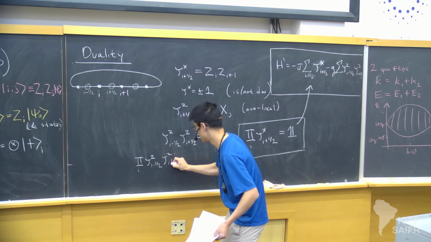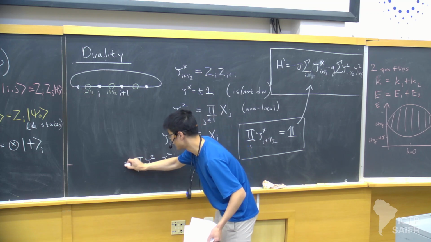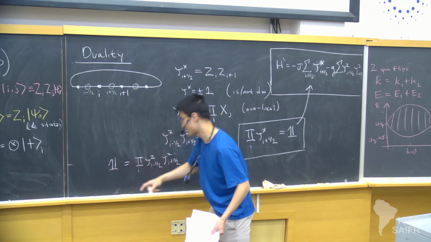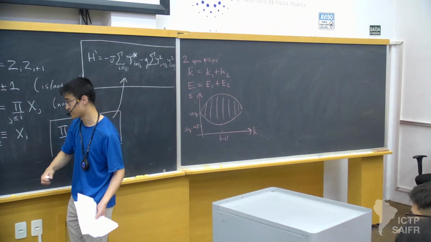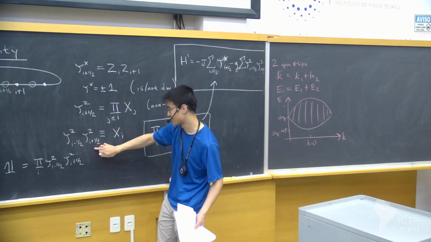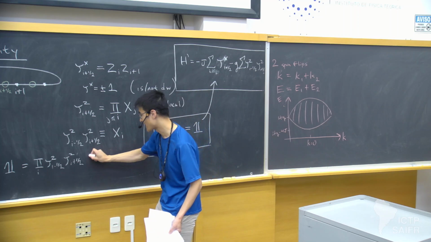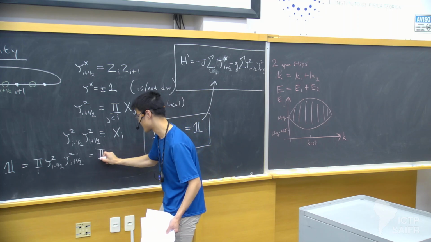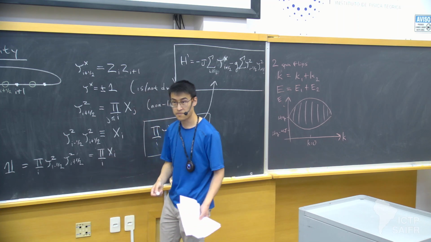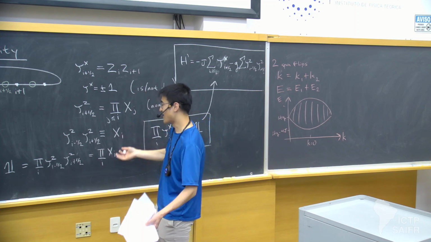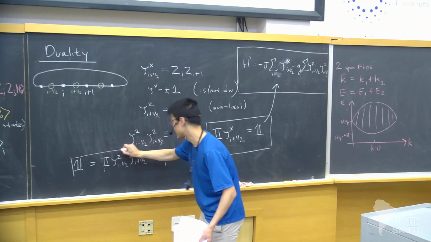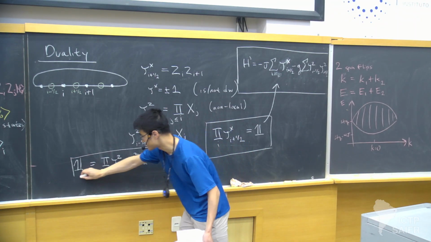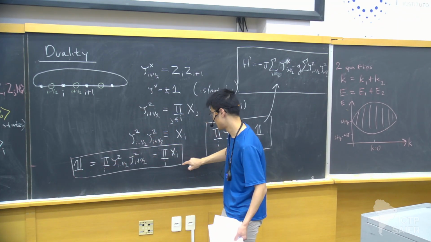This is also the identity for exactly the same reason as we just argued here, because all the z's cancel in pairs. But the product of tau z's is just the product of x's for the physical qubits. So I've implicitly made a choice here that fixes the symmetry sector of the original qubits.